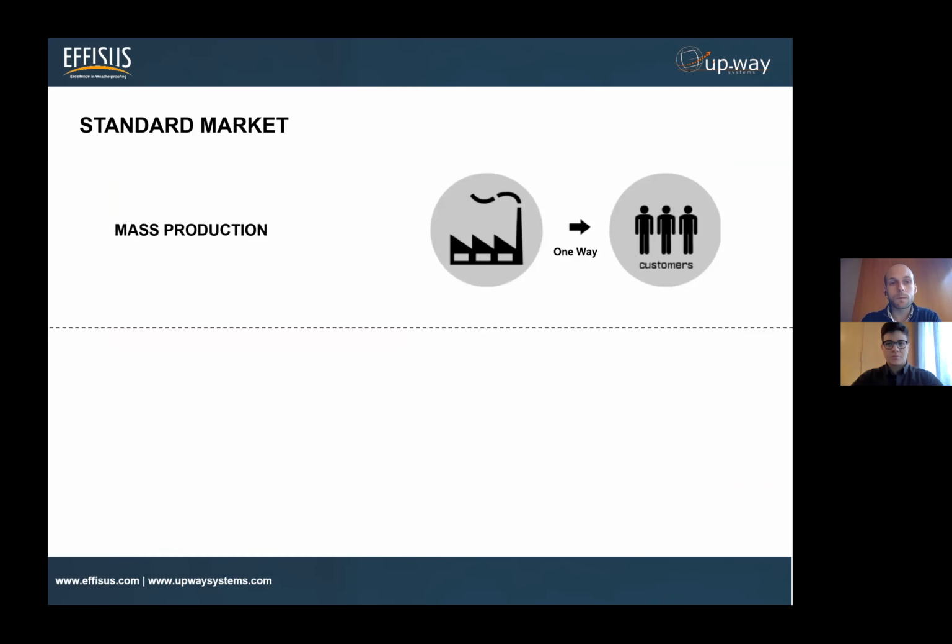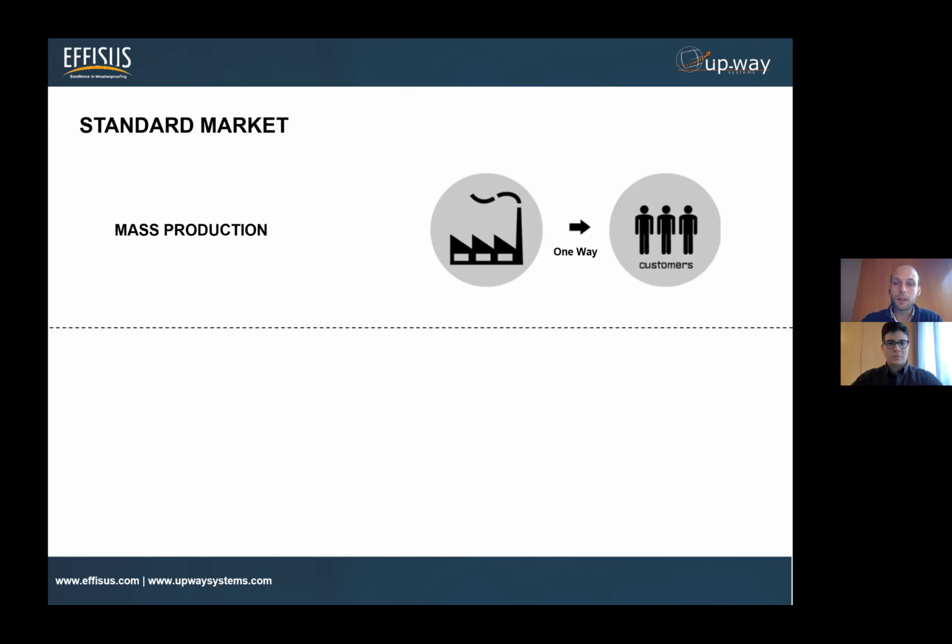The current market situation, we see it like this scheme we're just looking at right now. That is one-way interaction. The producers, the manufacturers, have some specific but limited portfolio of products available, and customers go to the manufacturers and decide which product would suit their needs better. So this is just one way action.